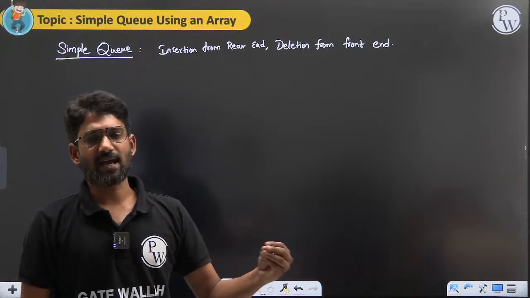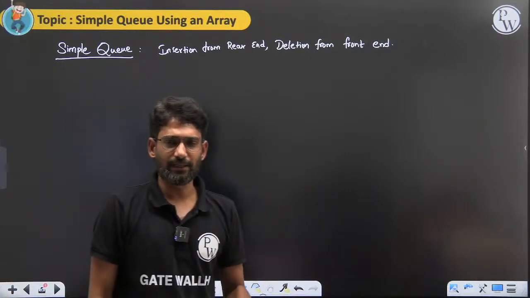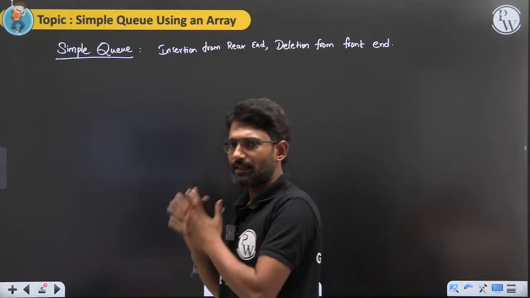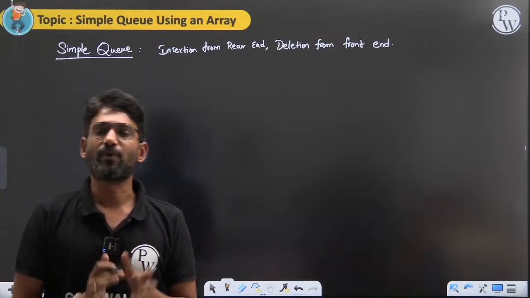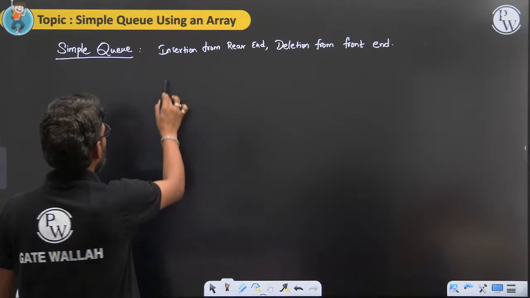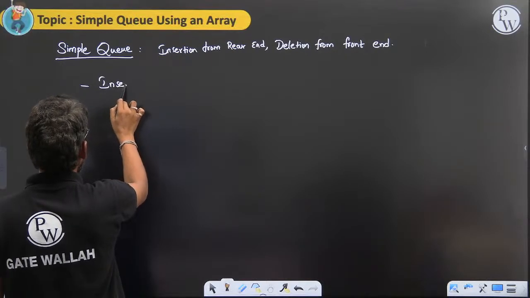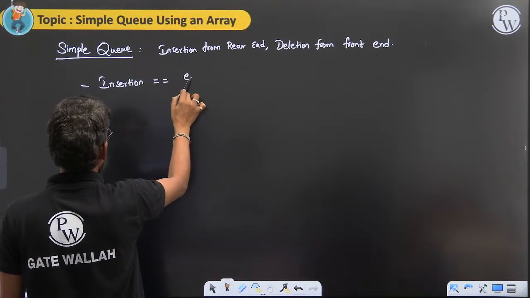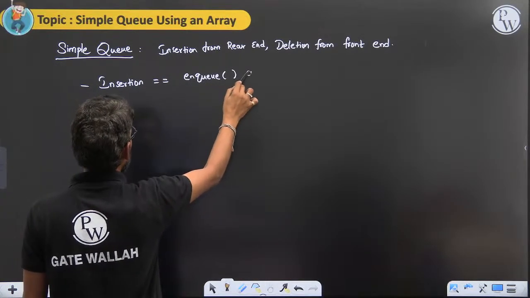Like stack uses the term push for insertion, pop for deletion, do we have any specific terms for insertion and removal with queues? Yes, we have. Insertion operation is said to be enqueue operation.